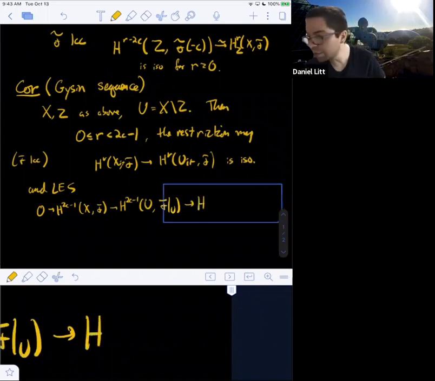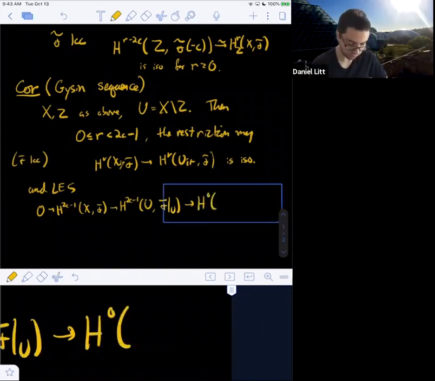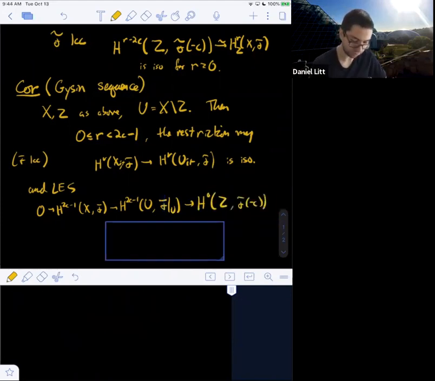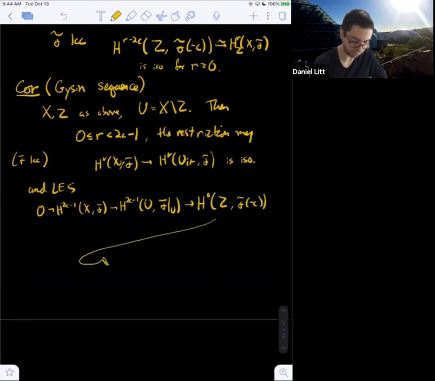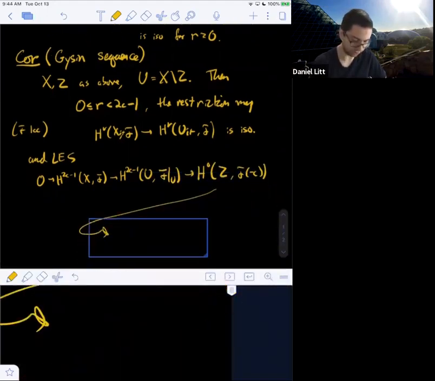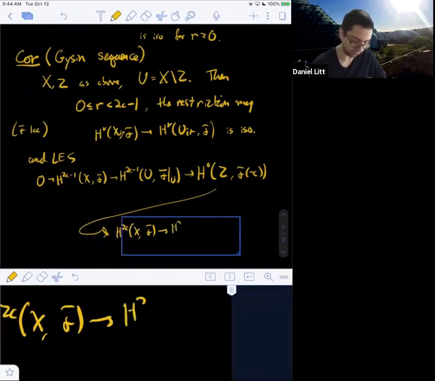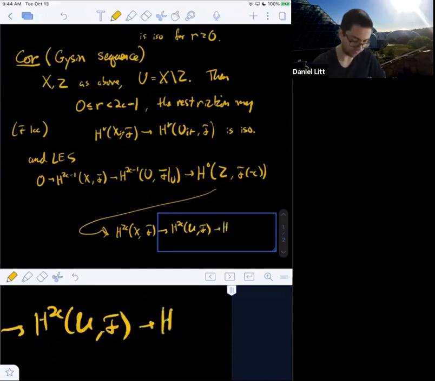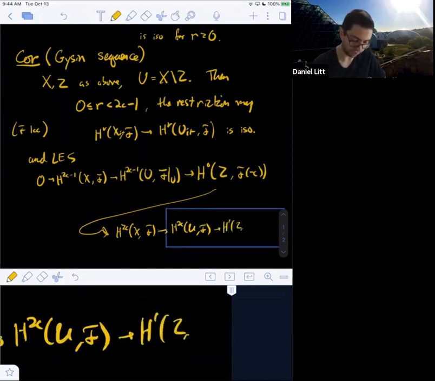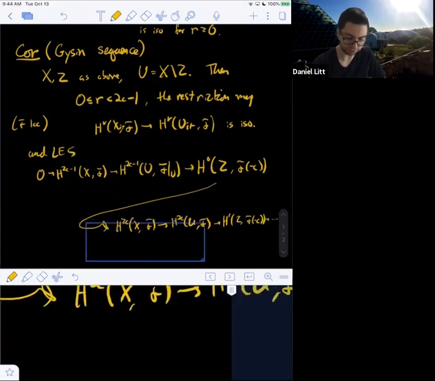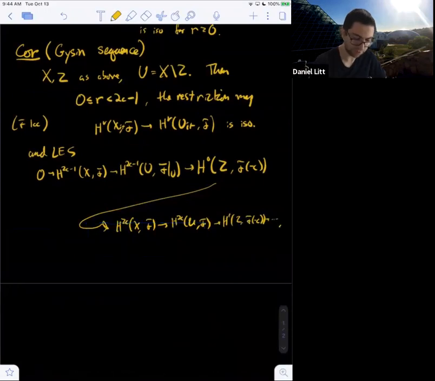It's H^0 of Z with coefficients in F twisted by minus c. And then we keep going. We get H^(2c) of X with coefficients in F, going to H^(2c) of U with coefficients in F, and then going to H^1 of Z with coefficients in F twisted by minus c, and so on and so forth. This last sequence is called the Gysin sequence.